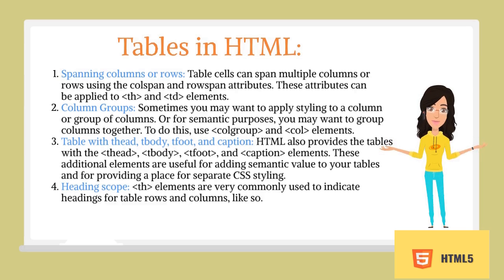The third is the column group. Sometimes you want to apply styling to a column or group of columns, or for semantic purposes you may want to group columns together. To do this, use the colgroup or col tag elements.